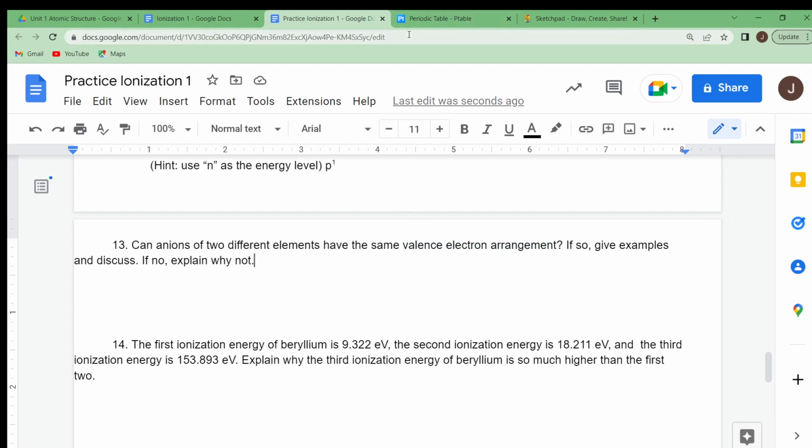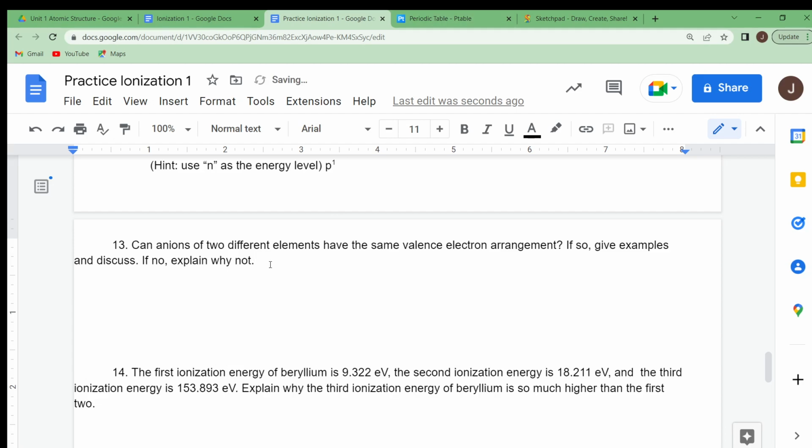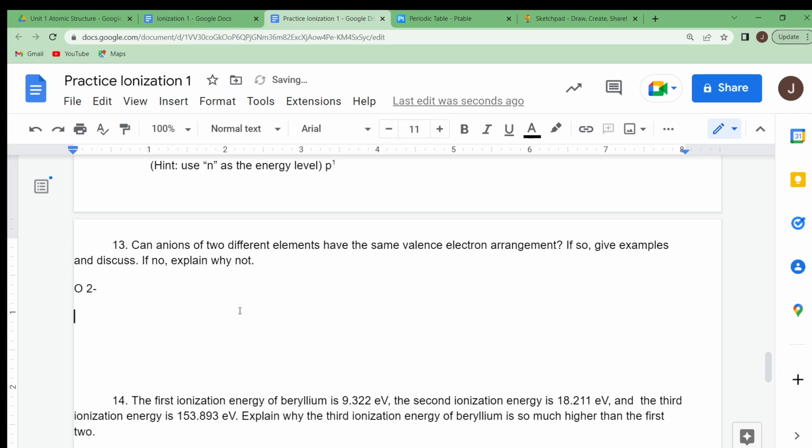And the answer is actually going to end up being yes for this one, okay? And the explanation for this one just has to do with the fact that it's an anion or a cation. So a good example here is oxygen, okay, because it's talking about anions. Oxygen can be 2 minus and fluorine can be 1 minus. This is a good example here. All right.